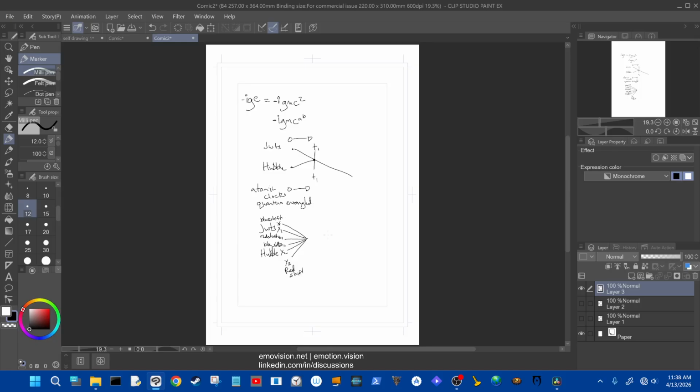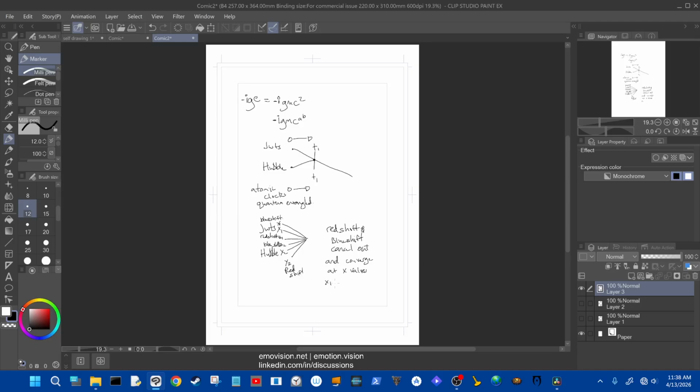So what we have here is red shift and blue shift cancel out, and converge at x value x1.